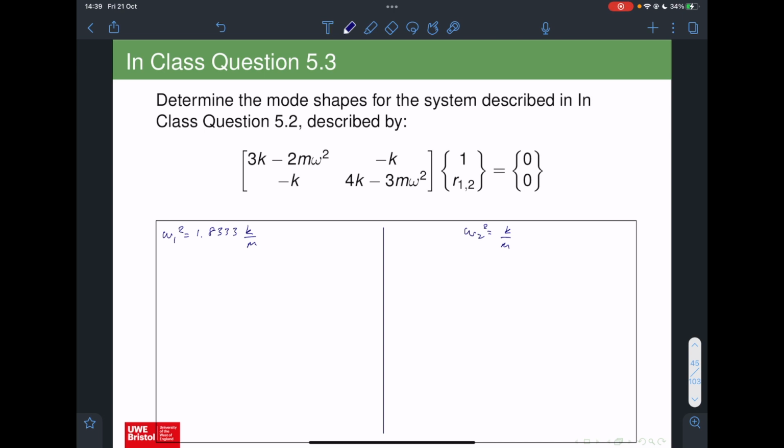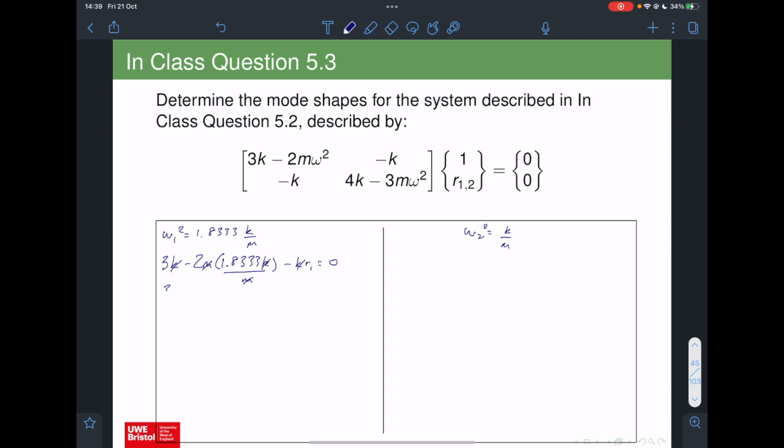So for the first one, we take the equation 3k minus 2m times omega squared, so that's 1.8333 k over m, equal minus k R1 equals 0. The m's cancel. K is non-zero, so that disappears from all three terms as well.